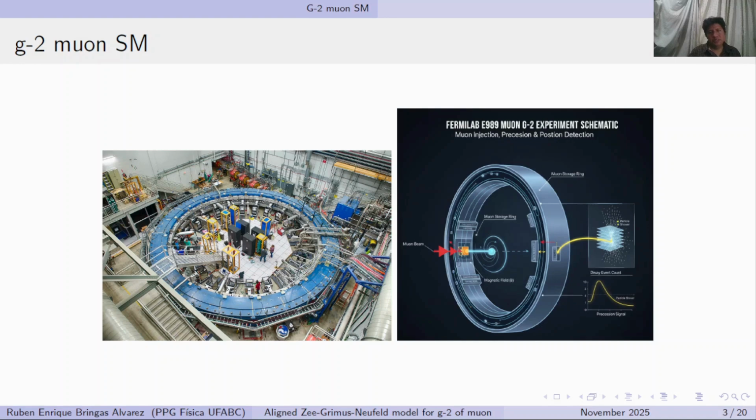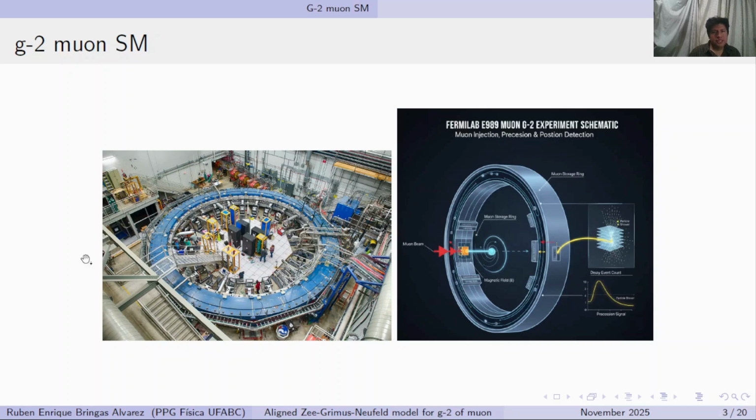The experiment is made at Fermilab and Brookhaven National Laboratory. The experiment is called E989. What happens when the muon arrives here? This is the storage ring.